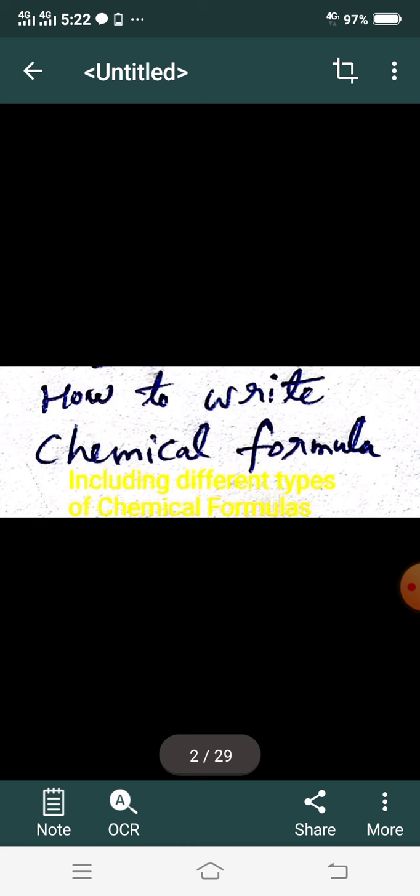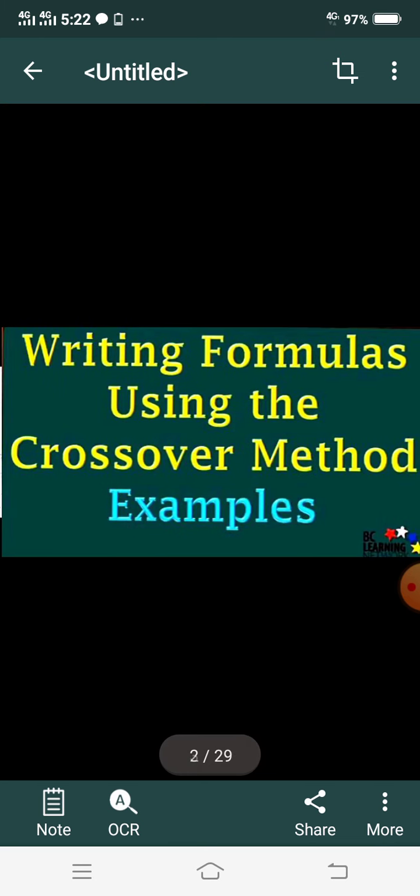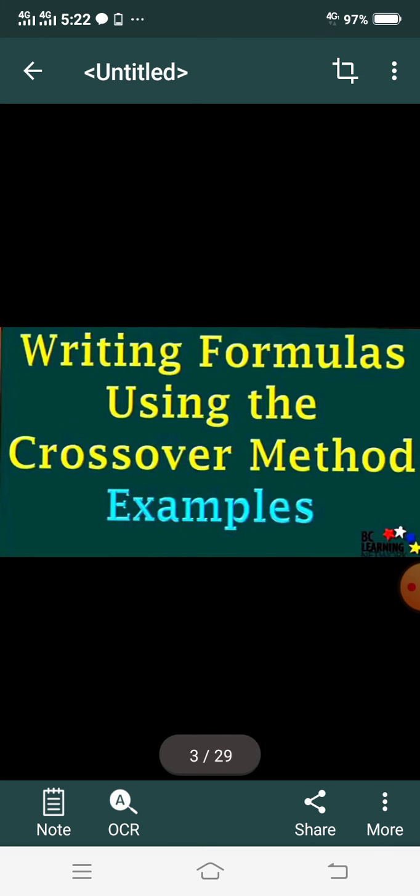Now our basic focus is how to write a chemical formula. For this purpose, we use the crossover method. Yes, we use the crossover method. It is a very simple method. In this method, we just exchange the caps of two persons.